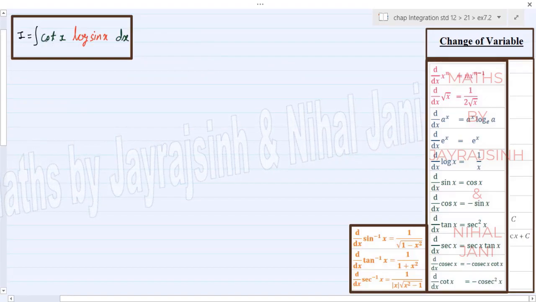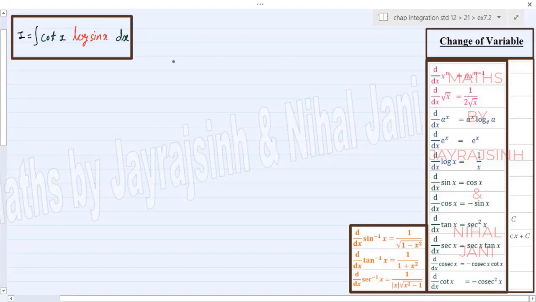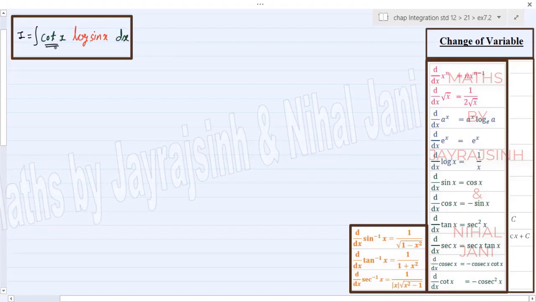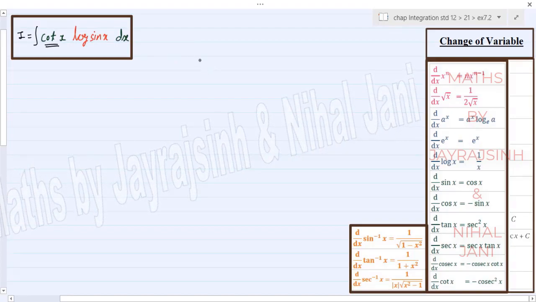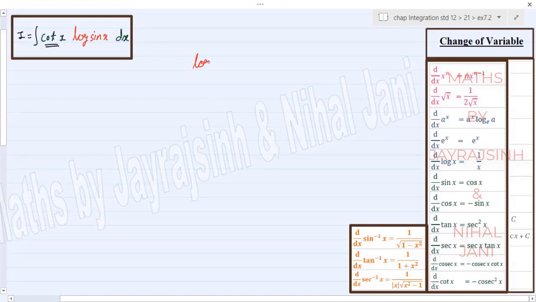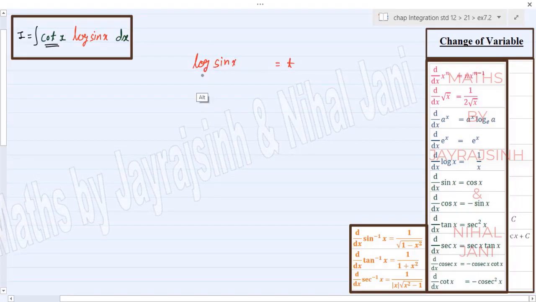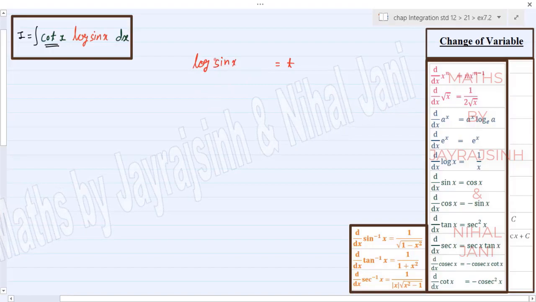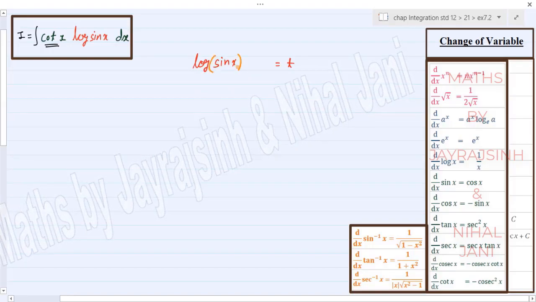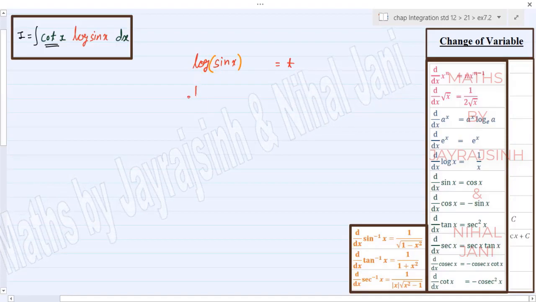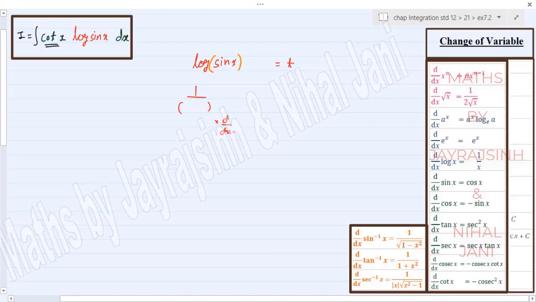Here we have to integrate cot x dot log sin x, and cot x is the differentiation of log sin x. So let's assume log sin x is equal to t. So to differentiate this term, we have to assume box around the sin x. So differentiation of log box will be 1 upon box into d by dx of box.